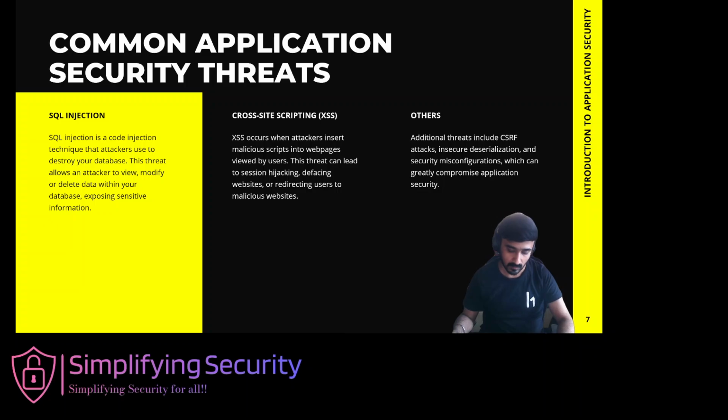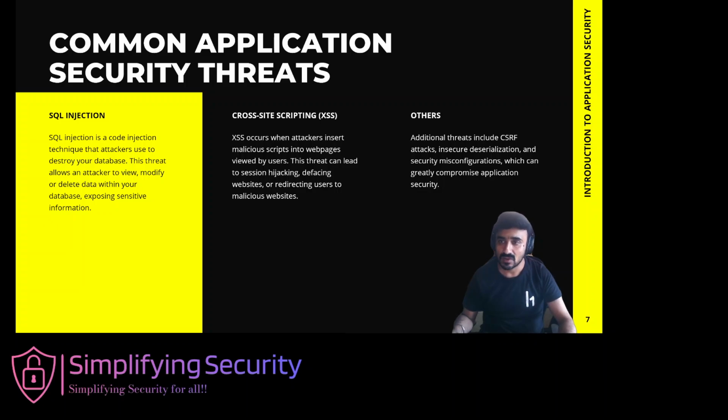When it comes to application security, there are vulnerabilities which an analyst or security professional finds in apps. Some of the common flaws are SQL injection, cross-site scripting, and misconfiguration. We all know what SQL injection is, but for namesake, it's a flaw where you need to have a database as a prerequisite. If you have an app talking to a database and the user input is not sanitized, it could potentially lead to SQL injection.